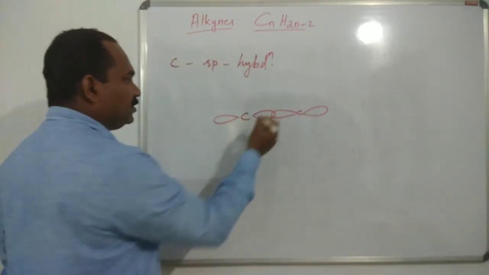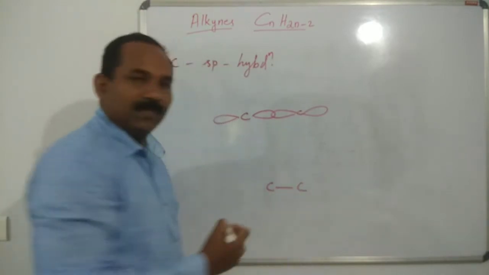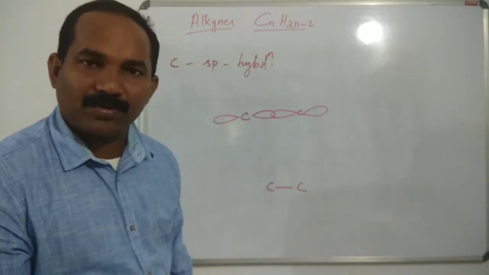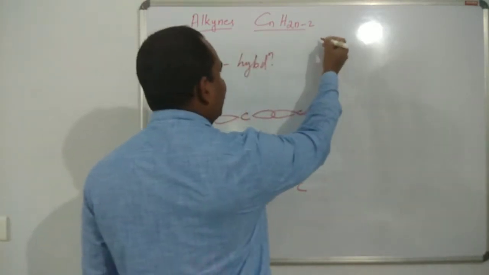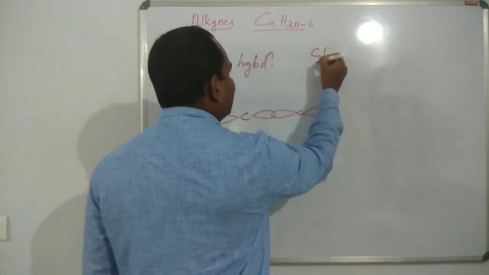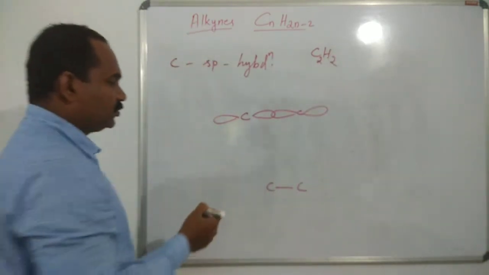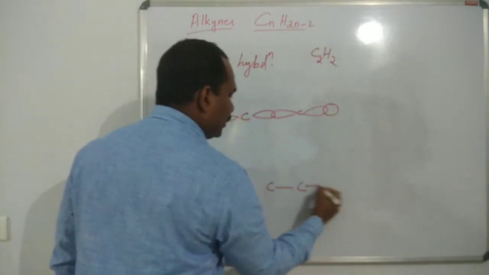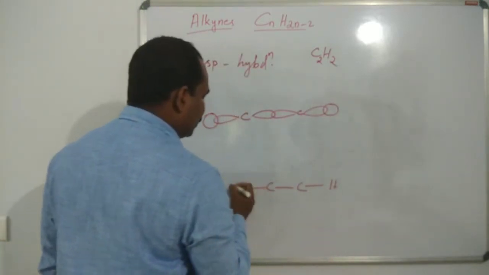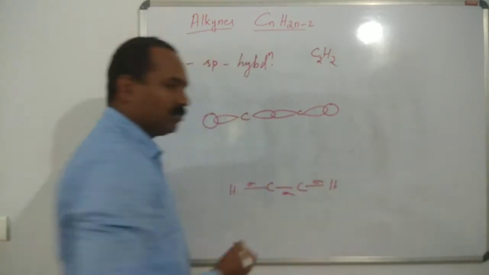With sp hybridization, a carbon-carbon sigma bond is formed. Then two hydrogen atoms. First of all, we can explain ethyne, C2H2. Two hydrogen atoms overlap, so we get CH sigma bond, CC sigma bond, CH sigma bond.